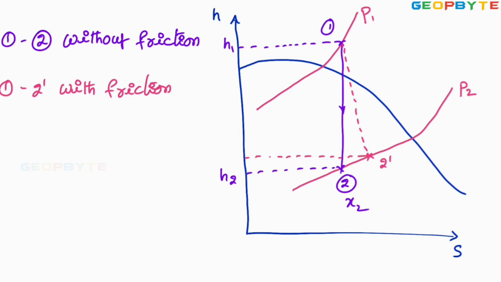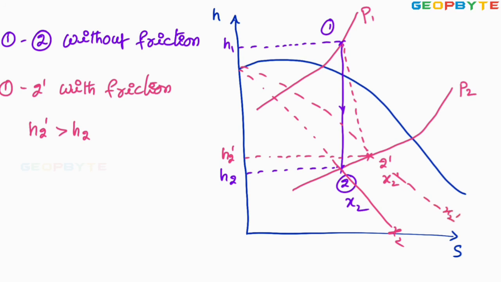The enthalpy at state 2 dash is H2 dash, which is greater than H2. And the dryness fraction at state 2 dash is X2 dash. This is the dryness fraction line for the ideal expansion. For actual expansion, with friction, this is the dryness fraction X2 dash.